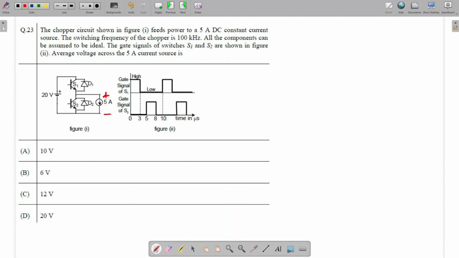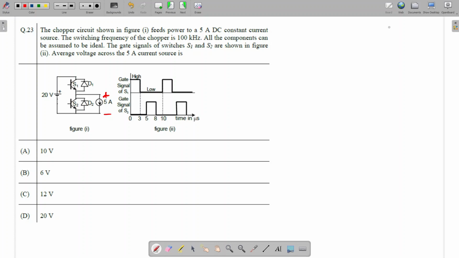I'm waiting. Anyone can solve, they can reply. Sir, 6 volts. 6 volts correct only.